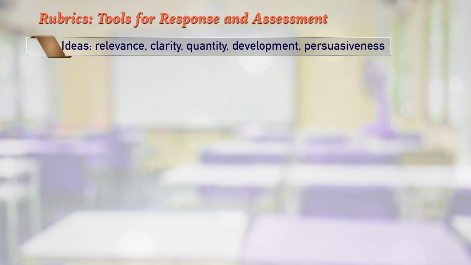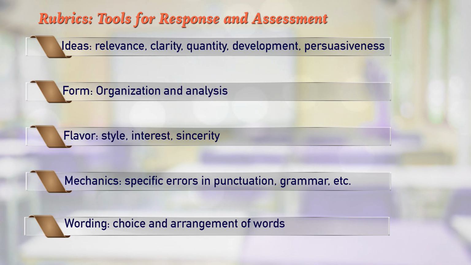And the parameters were relevance, clarity, quantity, development, persuasiveness. The second is form, organization and analysis. The third is flavor, and the parameters are style, interest and sincerity. Number 4 is mechanics, specific errors in punctuation, grammar, etc. And finally, wording, choice and arrangement of words.